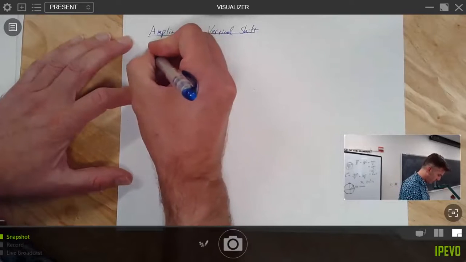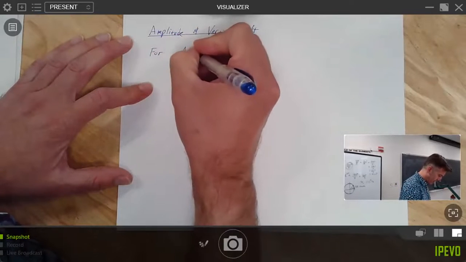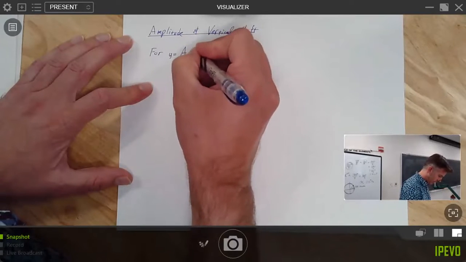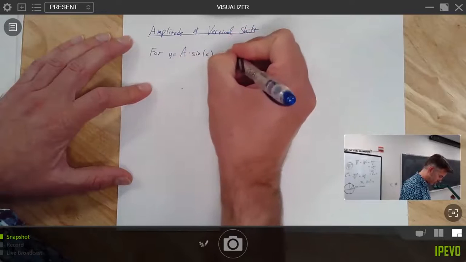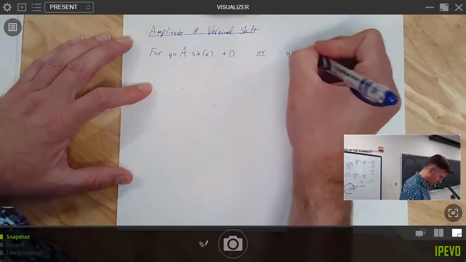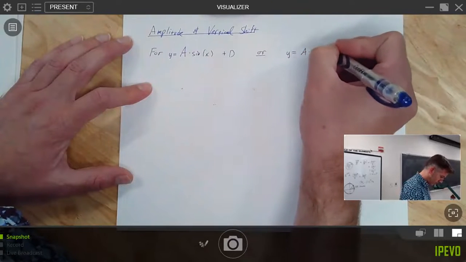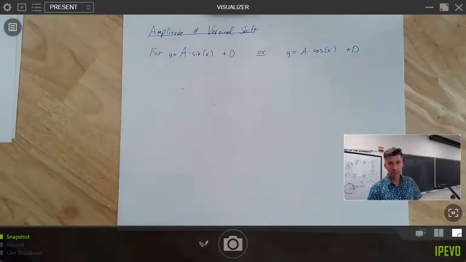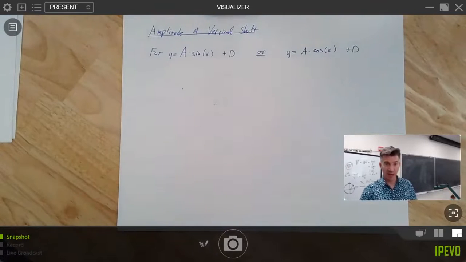So this is for some a, or I should say y equal to some a times sine of x plus d, or y equal to a times cosine of x plus d. So we're going to talk about the effects that both a and d have on the graph of sine or cosine.